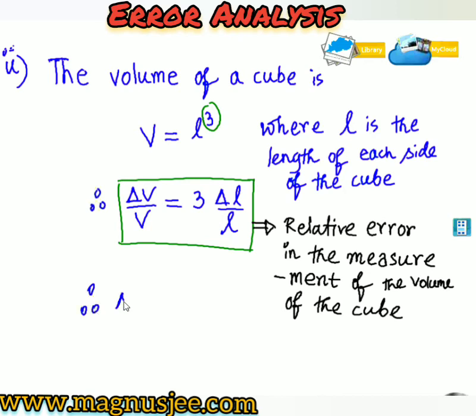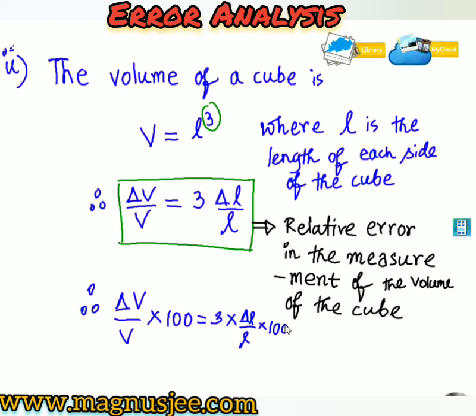Therefore, if we want to find the expression of percentage error, delta V by V into 100 equals 3 delta L by L into 100.